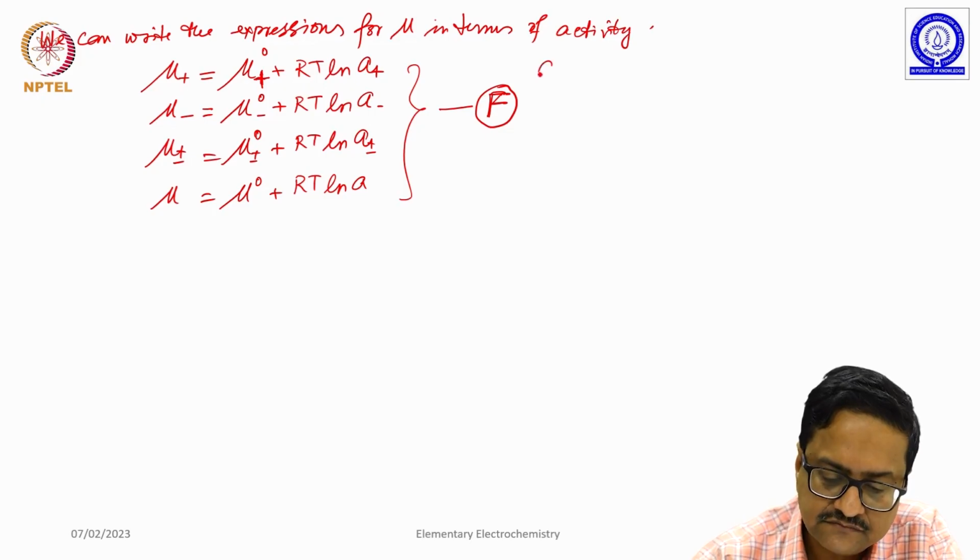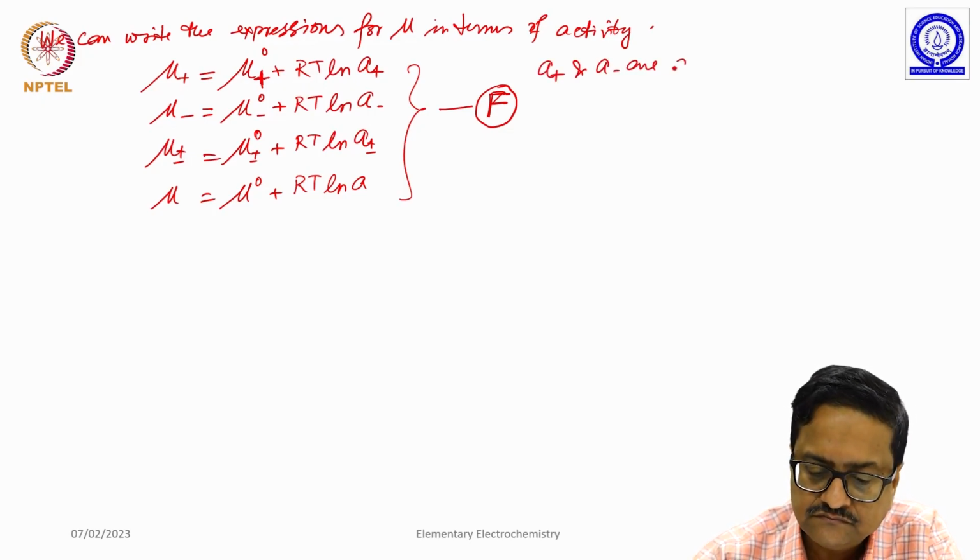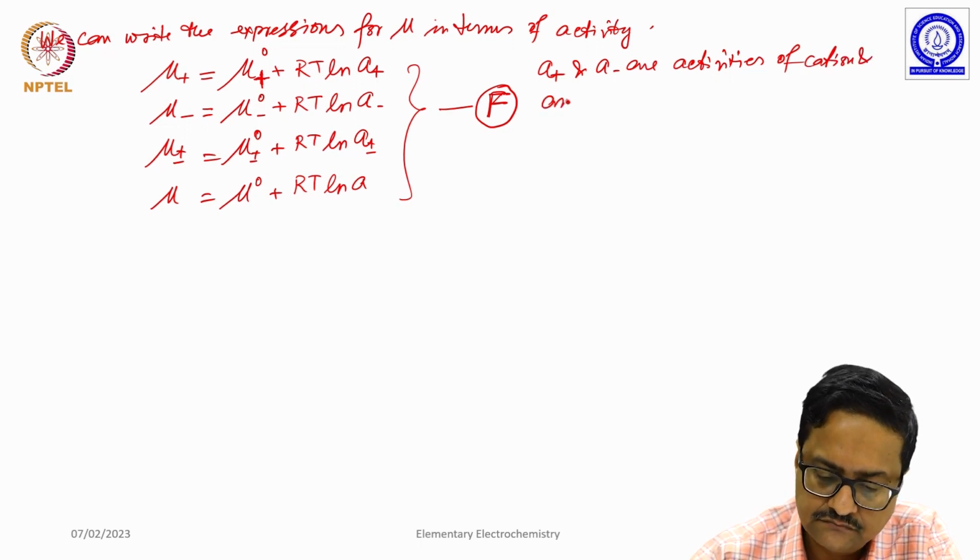In this case, A plus and A minus are activities of cation and anion.